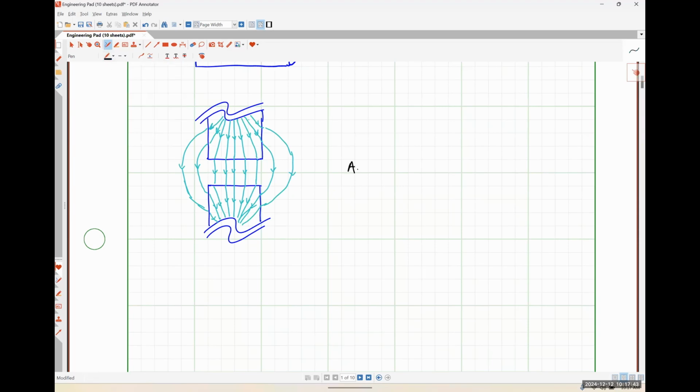The area of our gap will be equal to the thickness of our core face plus LG, times the width of our core face plus LG. So we're effectively just increasing the dimensions of our core face by the length of the gap. And obviously, the larger the gap is, the more area we are seeing, and the weaker our magnetic flux density will be.